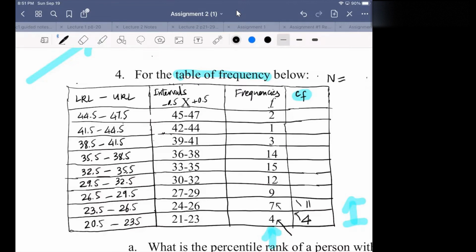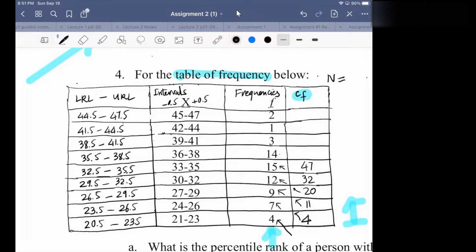Then 11 plus 9 is 20. 20 plus 12 is 32. 32 plus 15 is 47.